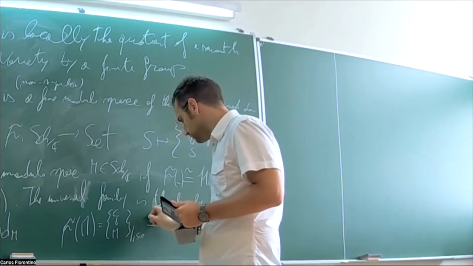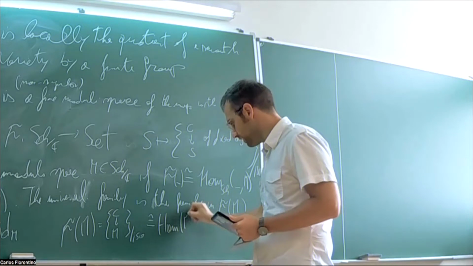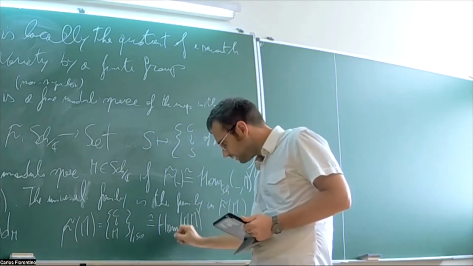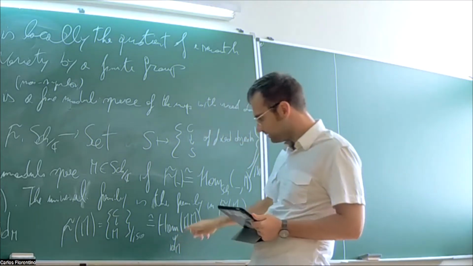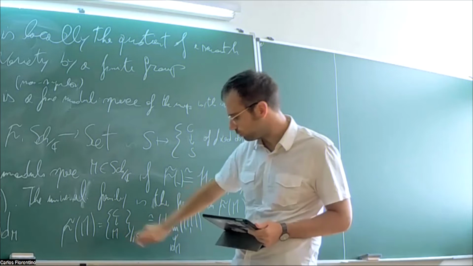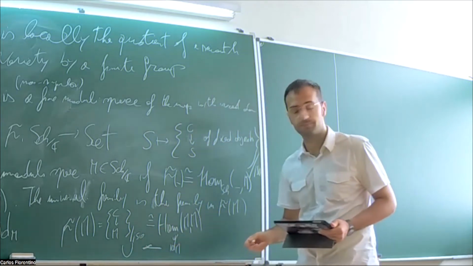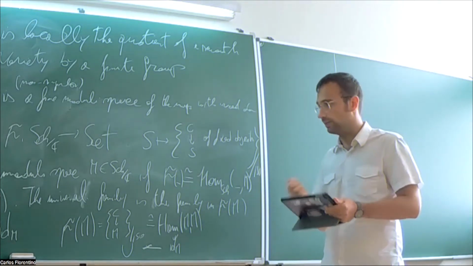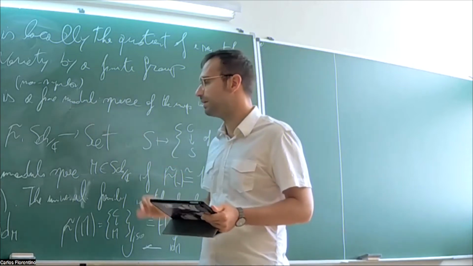This is in bijection with homomorphisms from M to M. In particular, here I have the identity of M. Since it's an object of this, it corresponds to an object of this, and this is what we call the universal family. This is just to explain what a fine moduli space is.